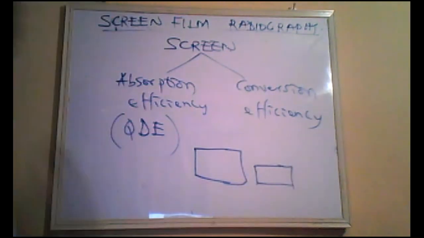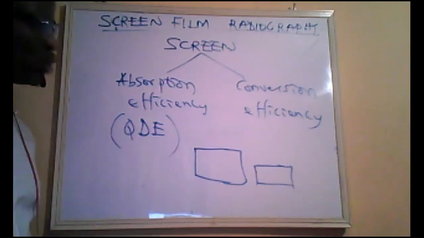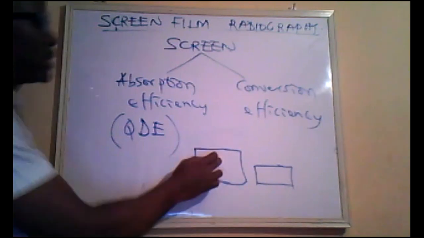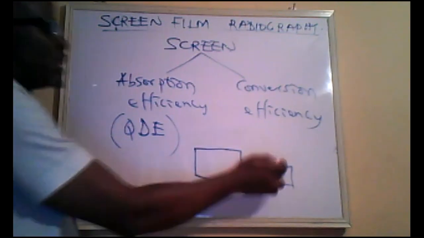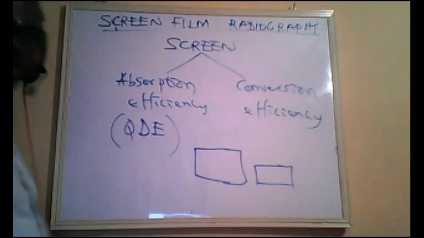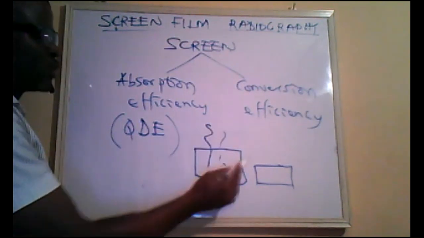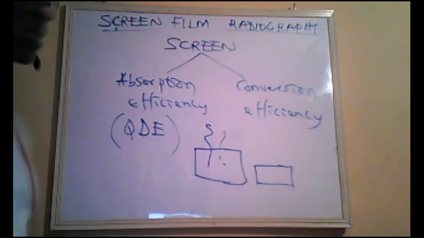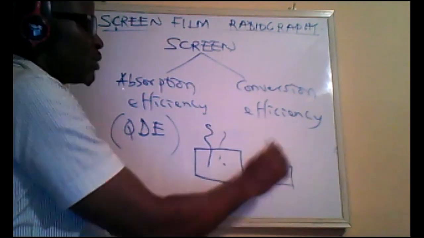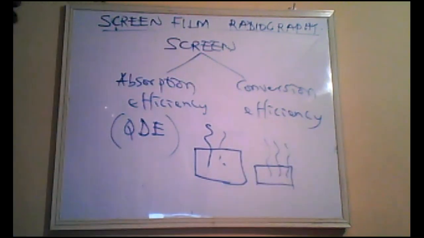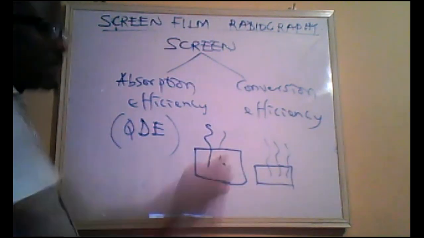The two of them will have different absorption efficiency, the ability to absorb X-ray photons. This one has a better absorption efficiency than this because the interaction of the X-ray photons will occur many times on this because of the larger surface area. But with this, the absorption of the photon won't be as efficient.